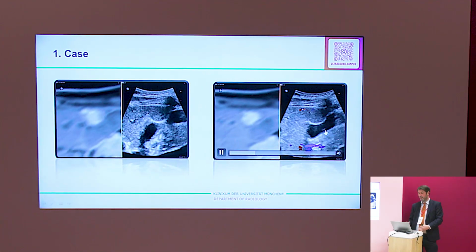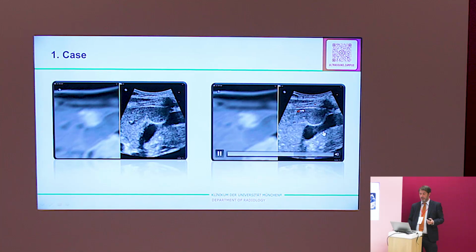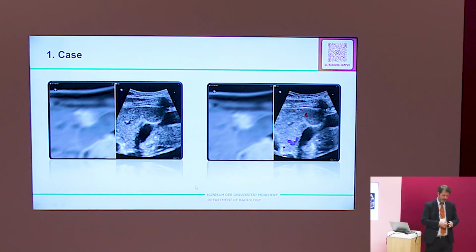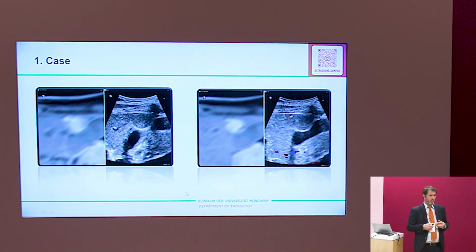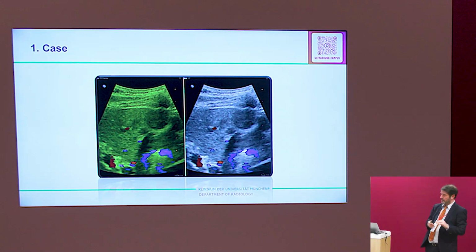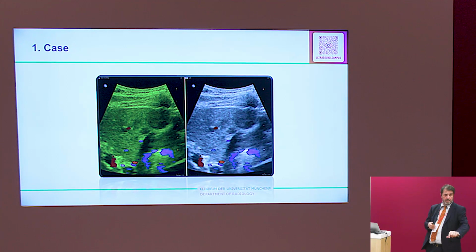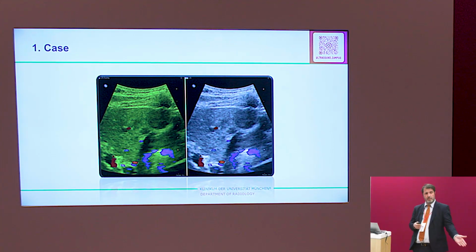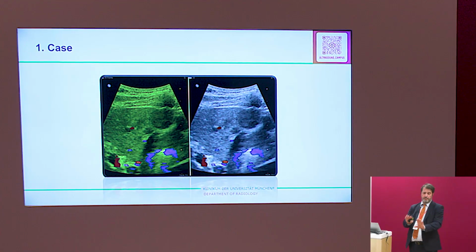The question is, what kind of lesion might this be? Of course, we would like to prove whether our registration is fine. So we just have to turn a button and then it can switch from ultrasound to MRI and backwards because it's an overlay.